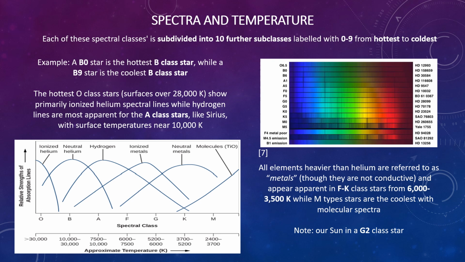And so when we look on the right at these examples of spectra, we can see that the hottest stars, those O6.5, have almost looking like a continuous spectra, and the lines that are present in those would be helium absorption lines.